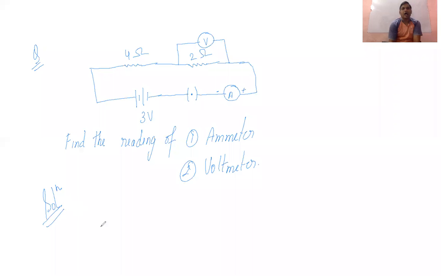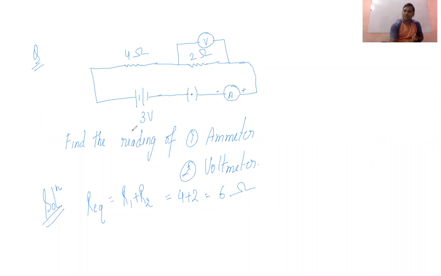Solution. How will you solve this question first? Let's understand. You will find the equivalent resistance. These are in series, so this can be written as R1 plus R2, 4 plus 2, which becomes 6 ohm.